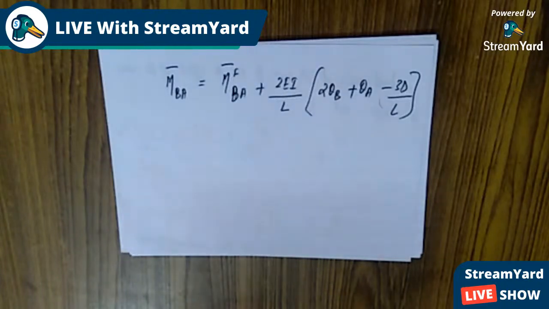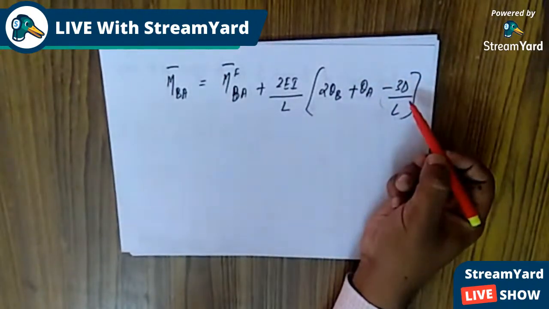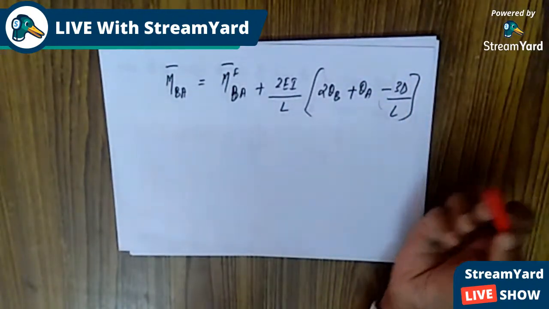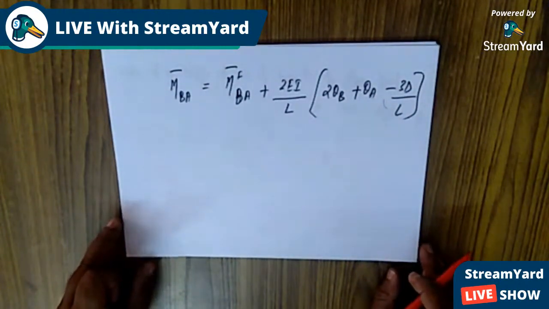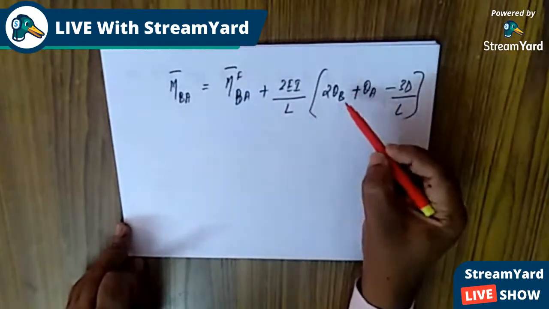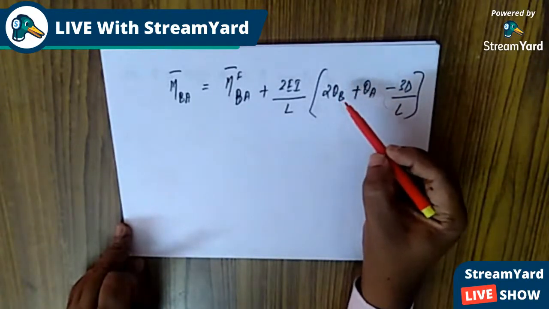Likewise, we will be writing the slope deflection equation separately for each span, considering the basic unknowns as the rotation and the settlement. Settlement, of course, if it is there, we will consider and if it is not there, we will not consider it. The magnitudes of theta A and theta B also depend upon the type of the support conditions.